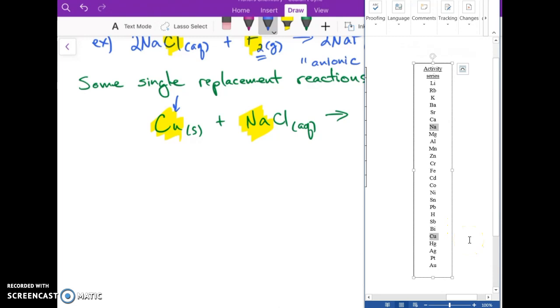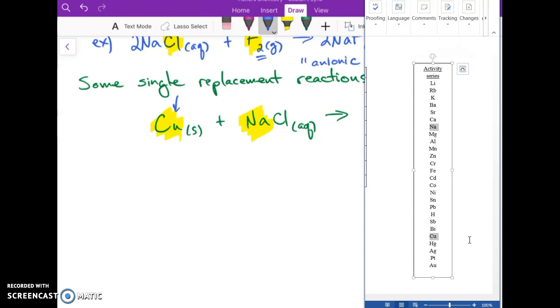And the reason it doesn't happen is because the activity series is there to help us predict reaction or no reaction for these single replacement reactions. And the thing that's doing the replacing has to be above the thing that it's replacing. So in this case, copper is trying to replace sodium, but copper is below sodium on the activity series.